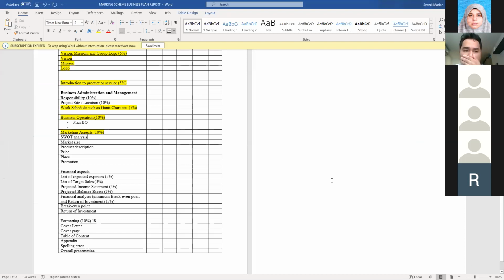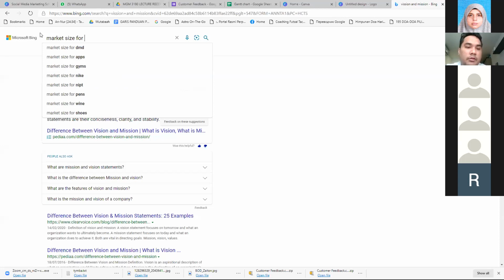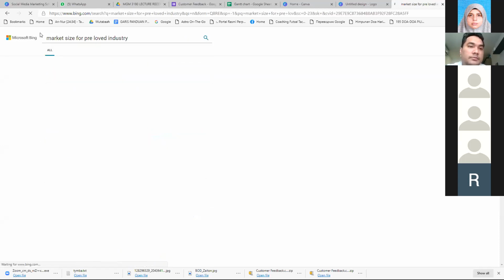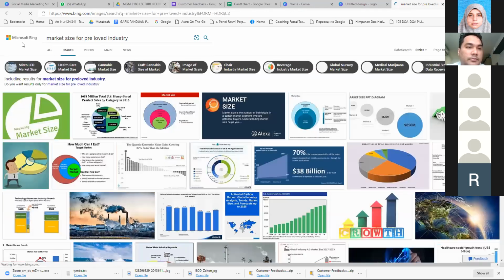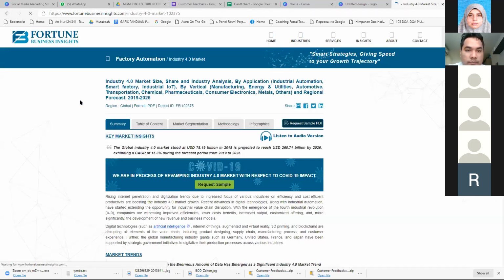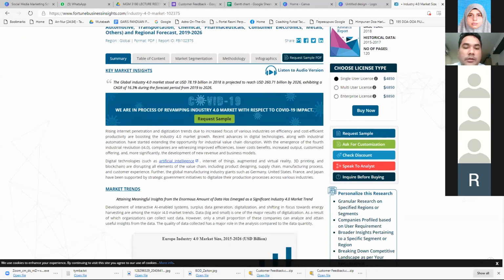Yeah, that's it. Okay, so I cover this, and then for the market size, for example, it's very easy. If you want to find a market size for the pre-loved industry, you see, from the website you see the market trend.